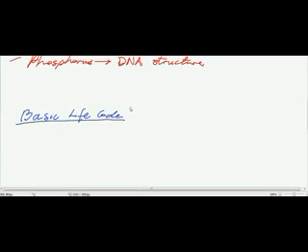Which is what DNA essentially is. It is the basic biological structure that governs all life on Earth, and it is contained within every single cell of every organism.